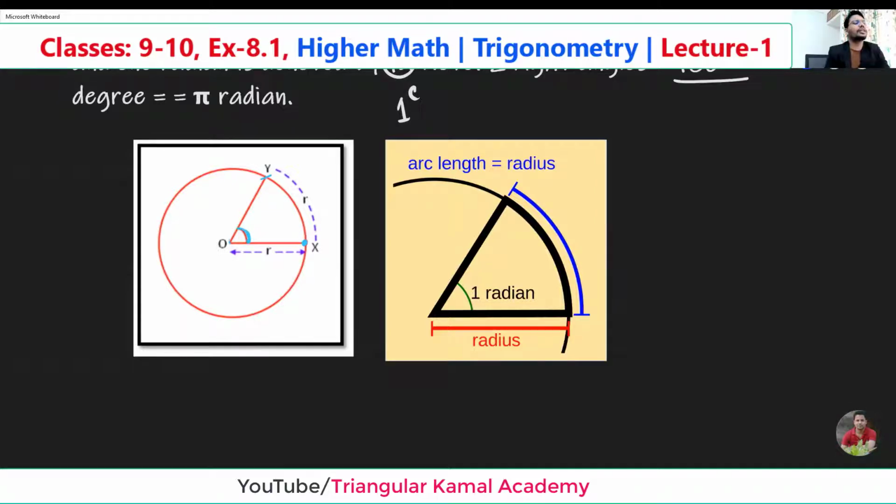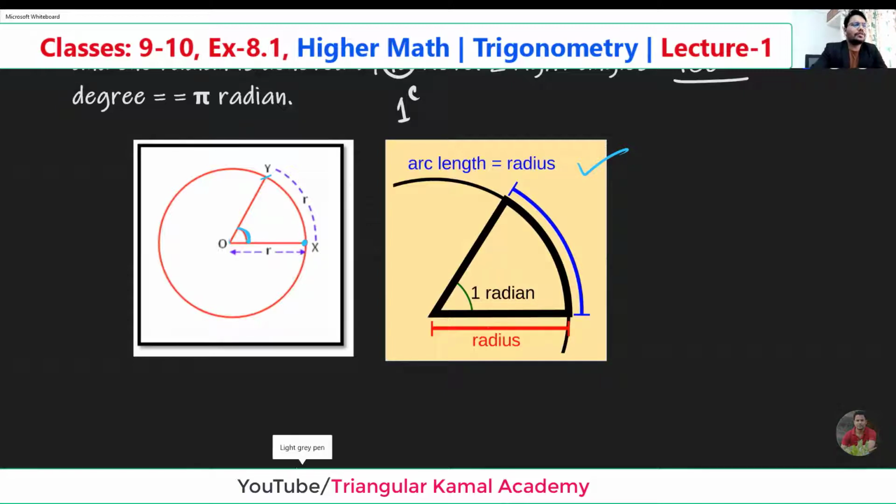This angle is called the radian angle, 1 radian angle. In the right side figure, we can see the red color is equal to the blue color: the radius is equal to the arc. Then the subtended angle at the center of the circle is called 1 radian. That means this is the condition: the arc length must be equal to the radius of the circle.